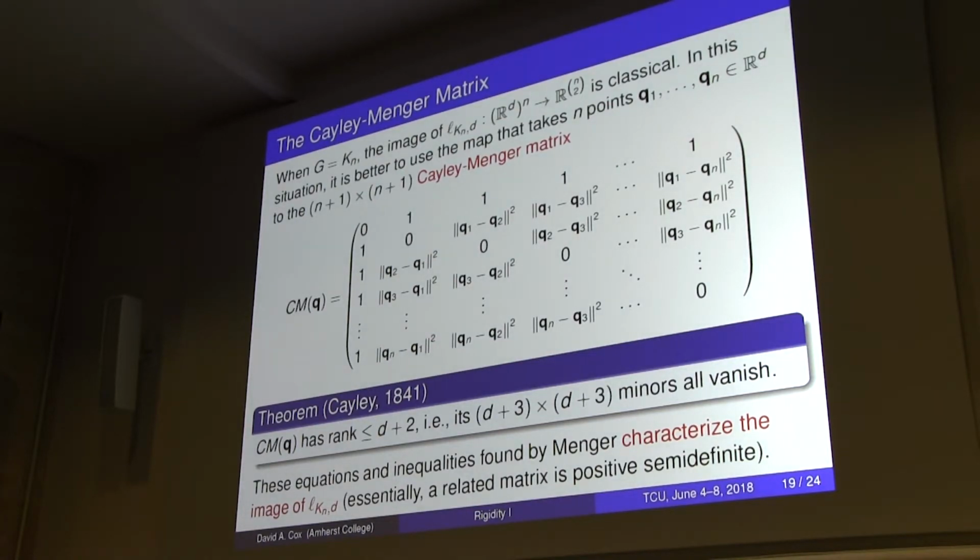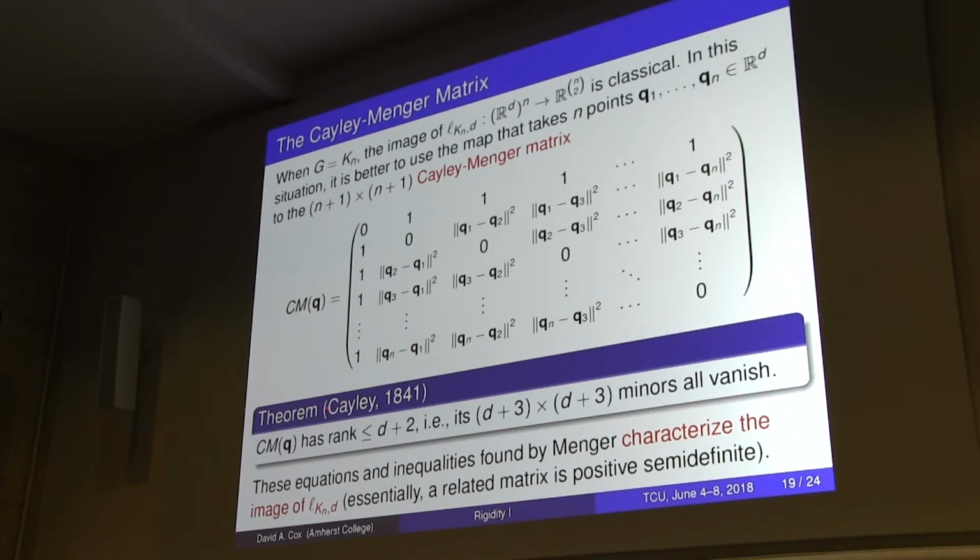In this situation, rather than just map to this space, which is basically all these guys right here, I'm going to think about what's now called the Cayley-Menger matrix, where I put in some stuff here, add some ones there, and then make the matrix symmetric. It's got 0 on the diagonal because, of course, the distance from Q_i to Q_i is 0.